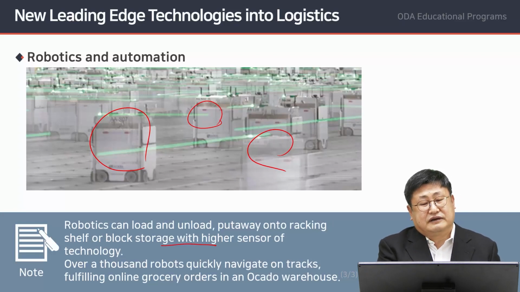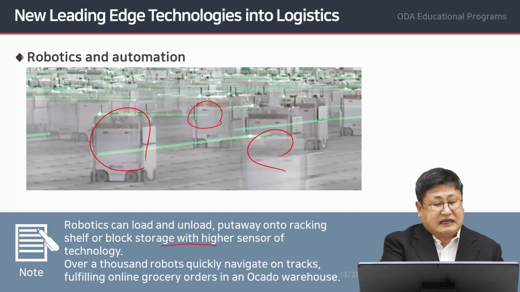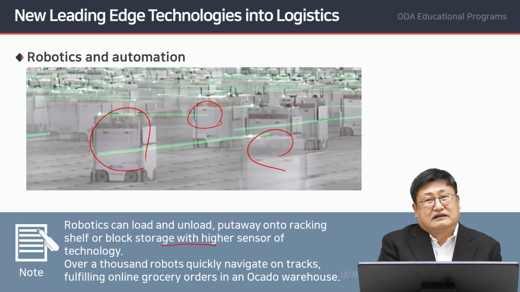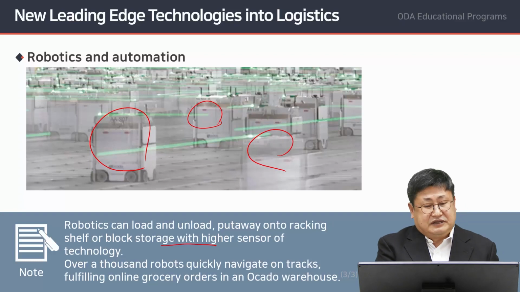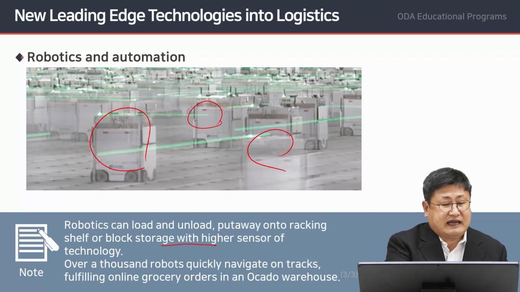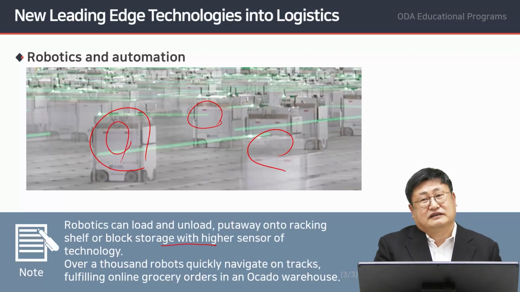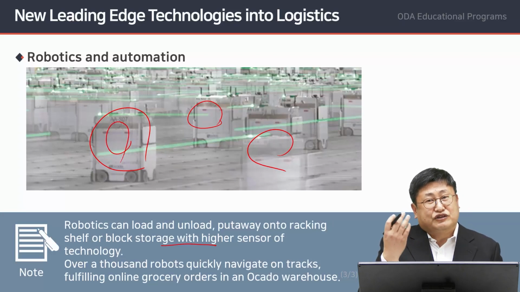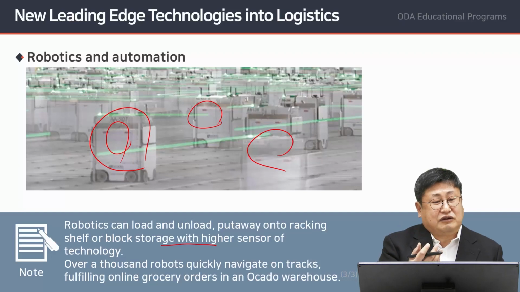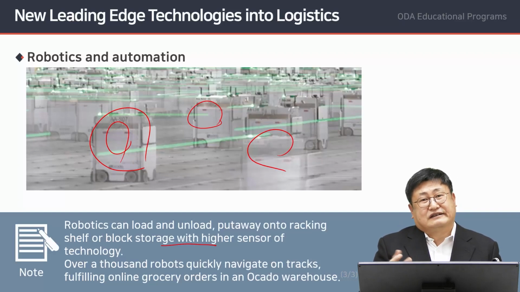The sensors are like arms and feet, just like a human being, and the sensors could detect and then move. So this is why AI is inside here. AI is kind of the human brain, and robotics are like our arms and feet.